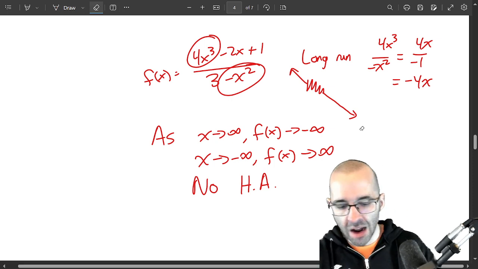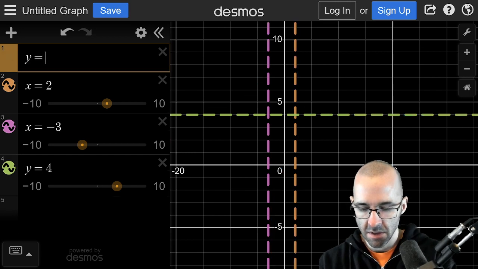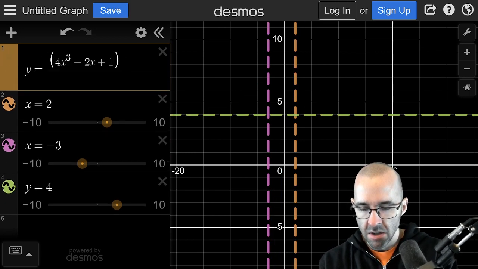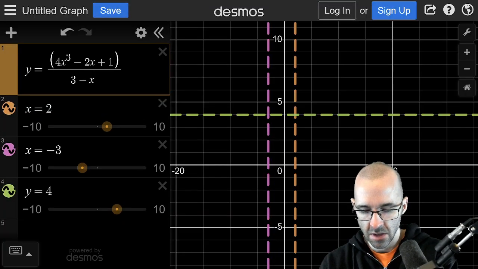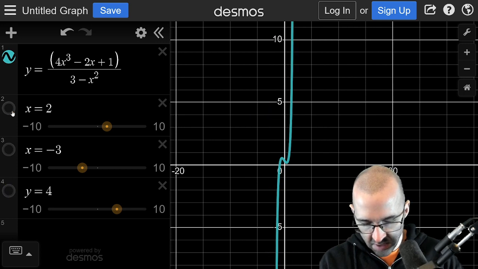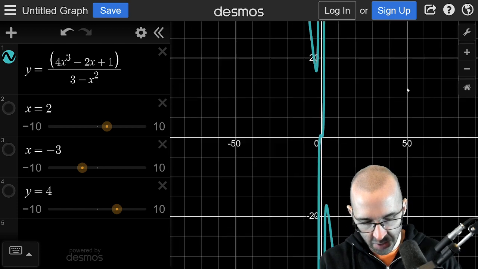And again, we can see this graphically, 4x cubed minus 2x plus 1, divided by 3 minus x squared. You actually really can see it in this situation. Yeah, this one looks a little bizarre.